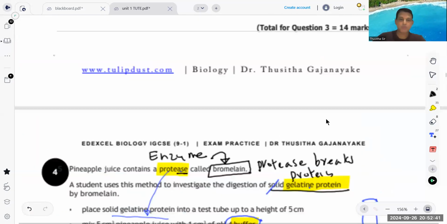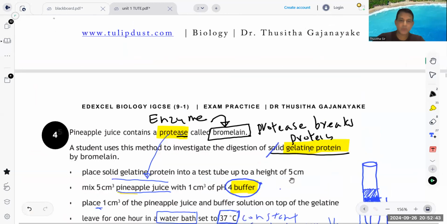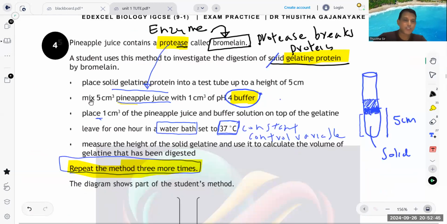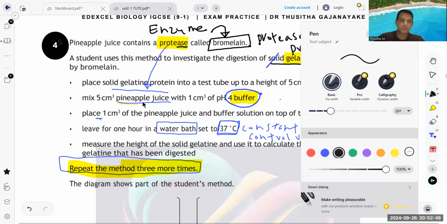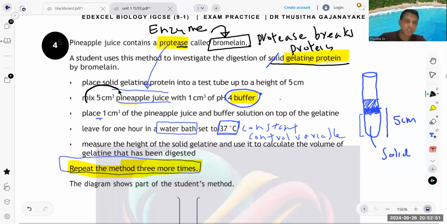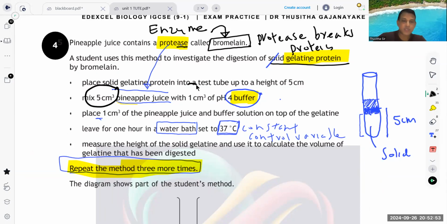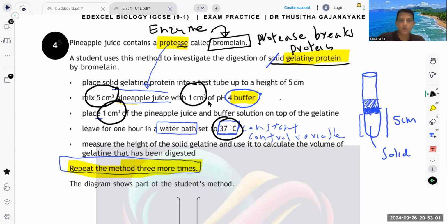So, for example, the student always uses a 1 cm cube of gelatin and the same volume of pineapple juice. Temperature 37. So these are always constant. Otherwise, it is not a fair experiment.